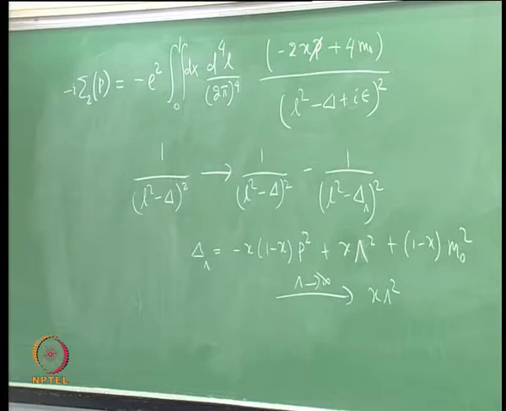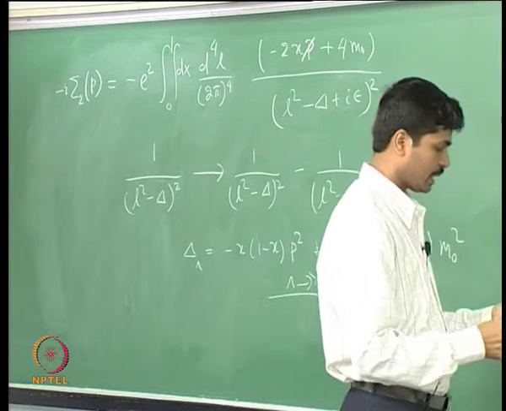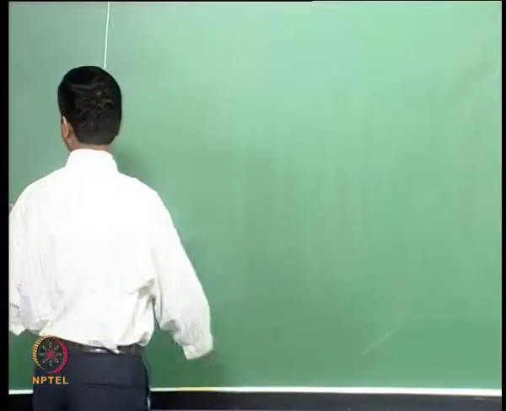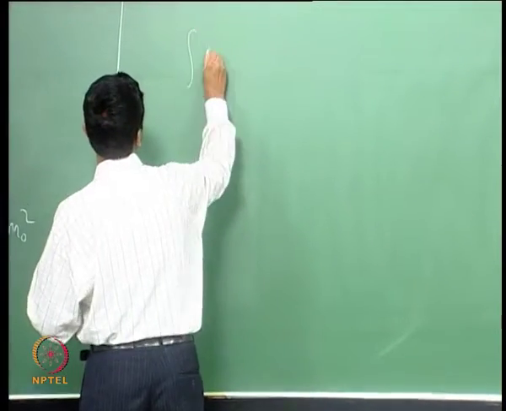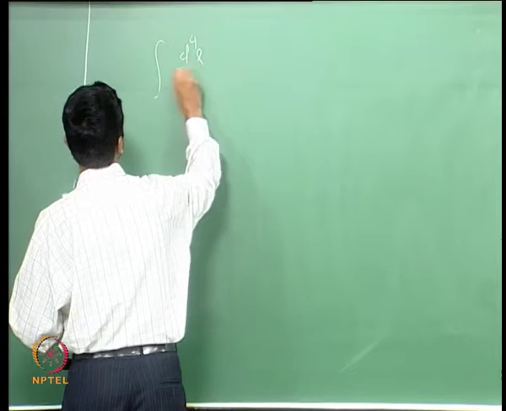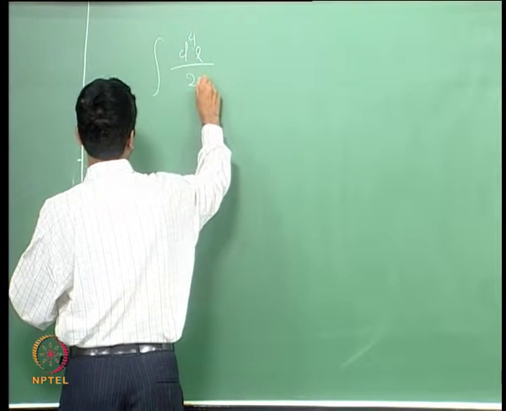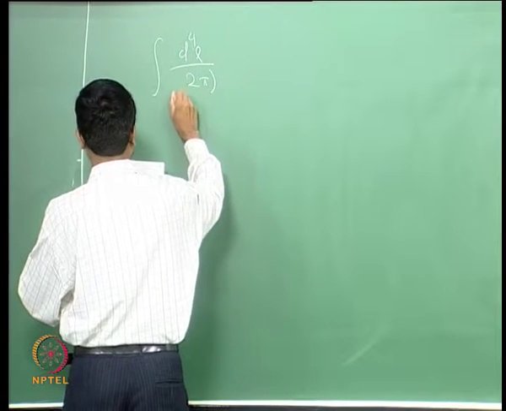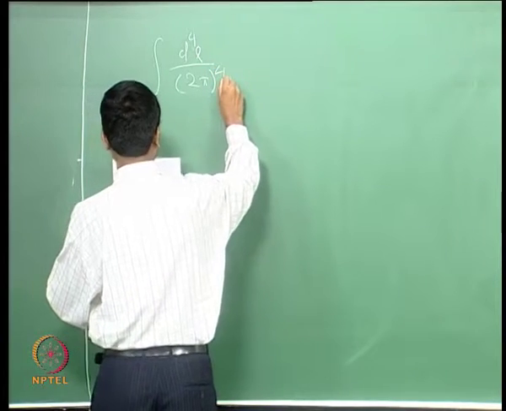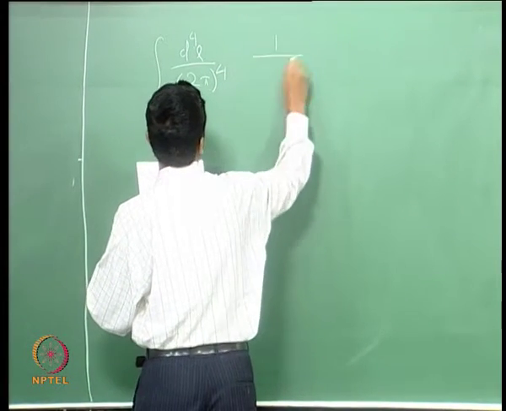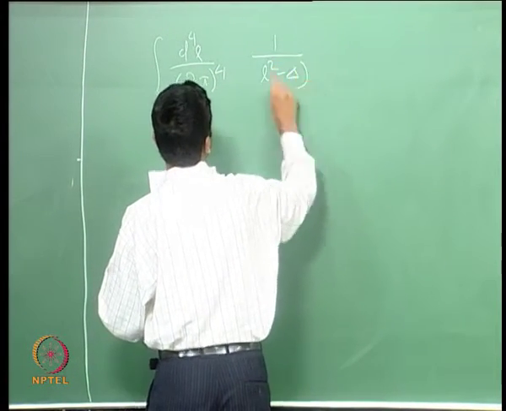I will briefly summarize the result. What you have is this integration d4 L divided by 2 pi to the power 4, 1 over L square minus delta whole square.